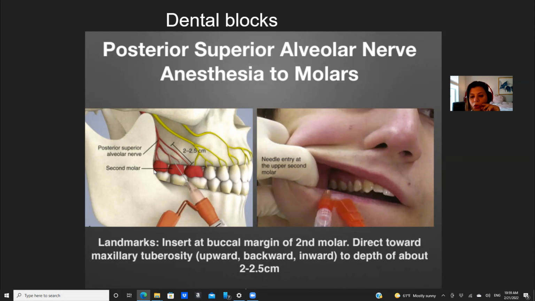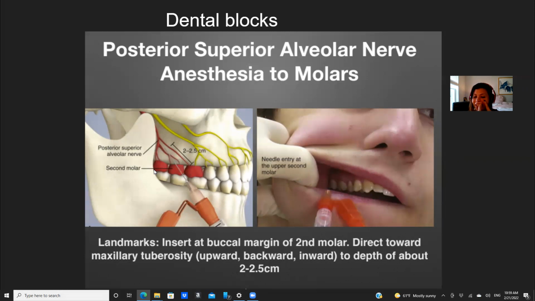And in order to perform this nerve block, lift your upper lip up, insert at the buccal margin of your second molar. So find your second molar, and right above the second molar, go into that buccal margin. The needle direction is toward the maxillary tuberosity.